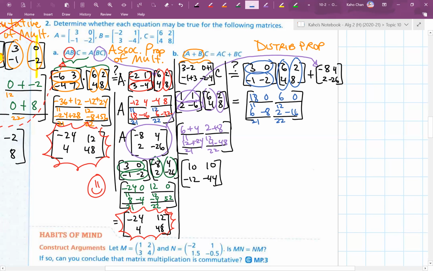Yep. Oh, negative 6. That's what I meant to say. Sorry about that. Watch out for those negative signs. And this is 18, 6, negative 14, negative 18. And we're just adding the matrices at the end here.